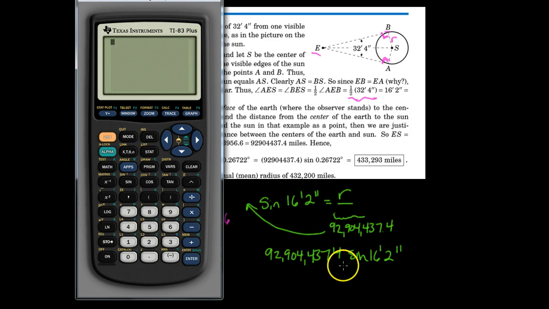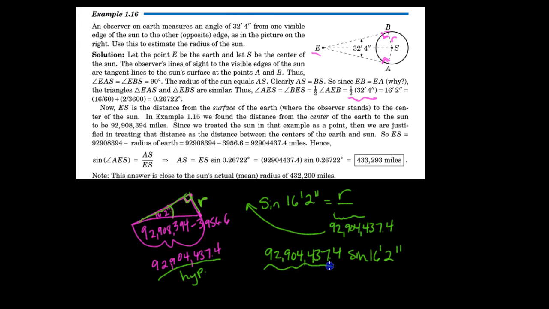Just to save time, I'm going to show you how to do the sine of 16 minutes 2 seconds. You type in your 0 degrees and hit the second and apps button, which is the degree. So 0 degrees, and we've got 16 minutes and 2. We're going to use the alpha button here. Close, and that will give you that sine, and then you multiply that times this huge number right here to get the final answer.